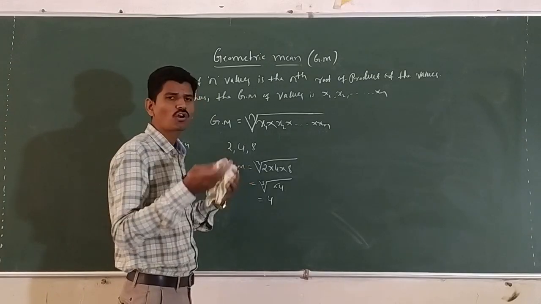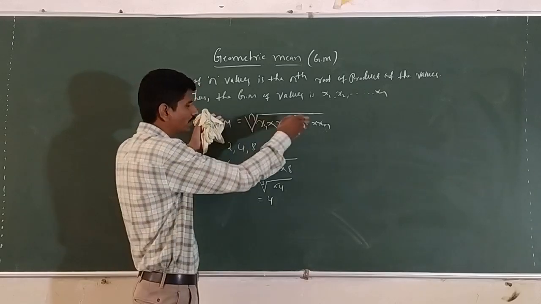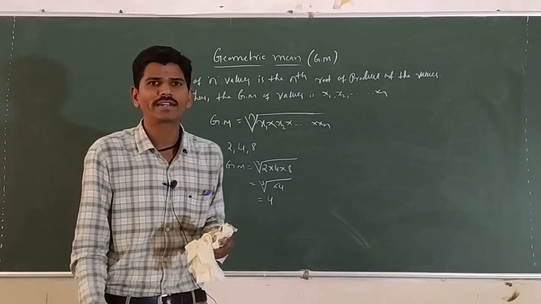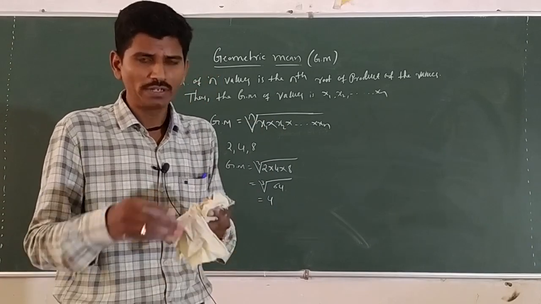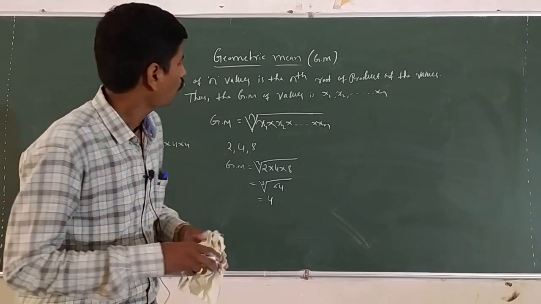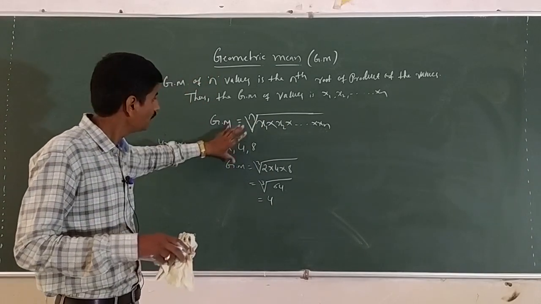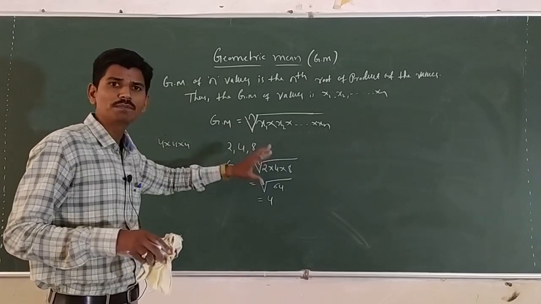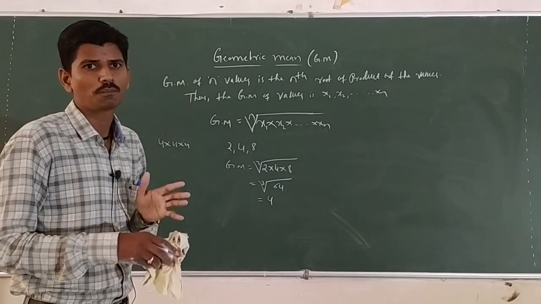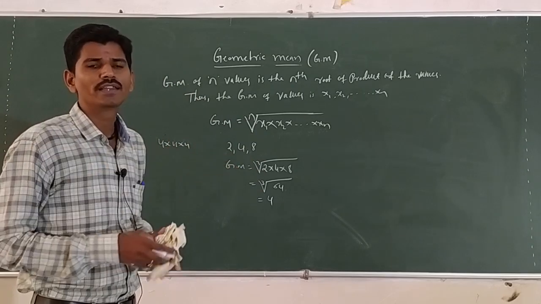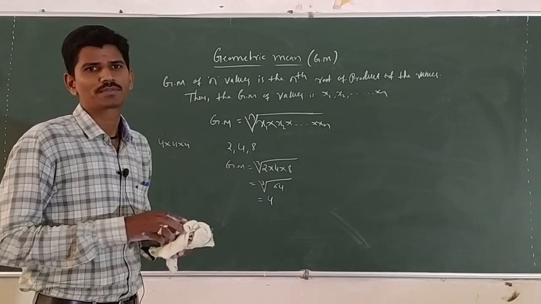Here you have to use logarithms. We will discuss it in the next part. This procedure is used only if the number of observations is less. If the number of observations is more, then we have to use logarithms.